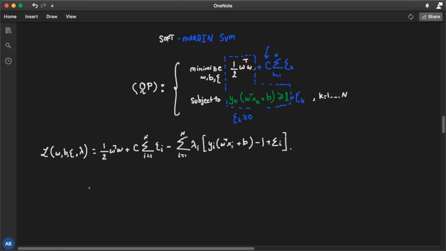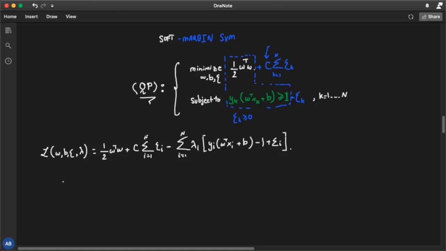Now, as before, this problem is a quadratic program. The cost is quadratic in terms of w, linear in terms of psi, and we've got linear constraints. And they also satisfy the KKT conditions.